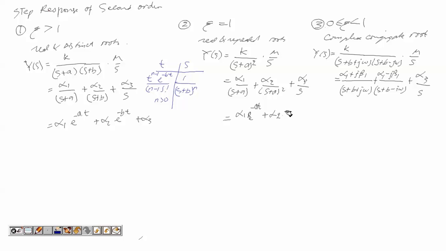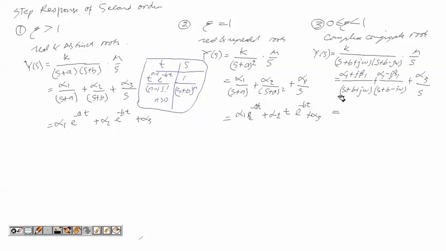So in our case, n is 2. Then we get alpha 2 times t to the power 2 minus 1, so t times e to the minus pt over 1, plus alpha 3. Okay.